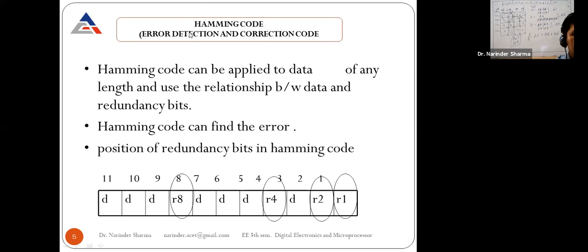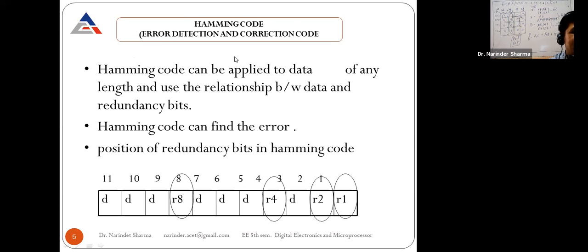Hamming code. This is also known as error detection and correction code. This is used in communication. For example, you always send the data in the form of ones and zeros. This data is transmitted from the transmitter side in the form of ones and zeros and received at the receiver end in the form of zeros and ones.